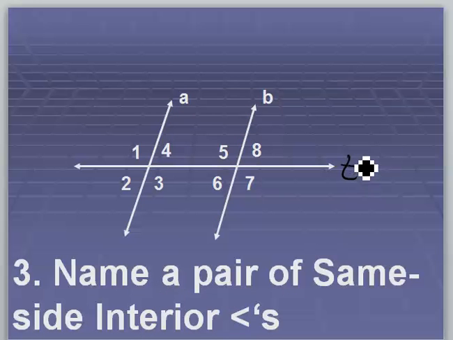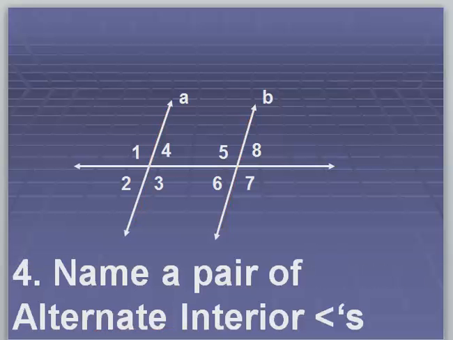Number 3, name a pair of same side interior angles. Same side of the transversal in between the 2 lines. Number 4, name a pair of alternate interior angles. Opposite sides of the transversal in between the 2 lines.